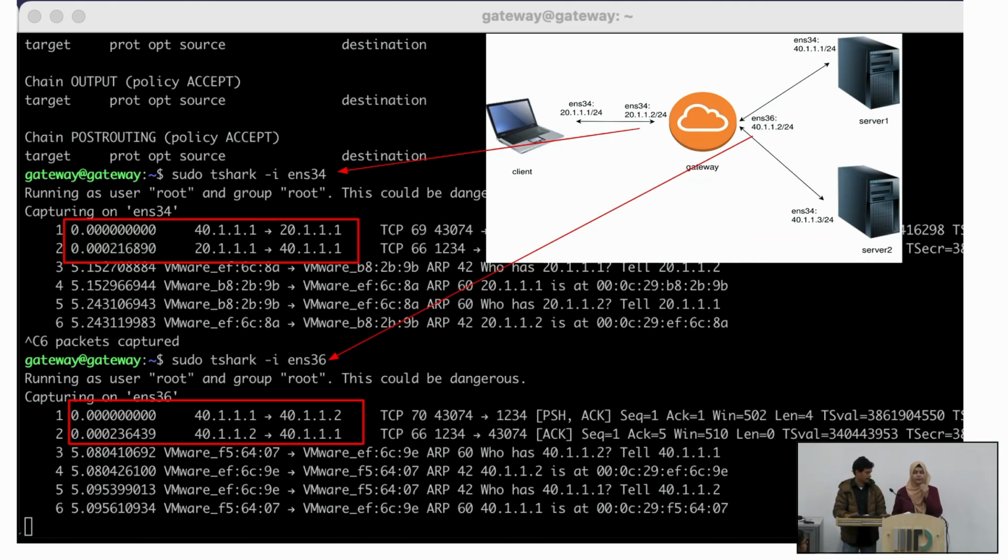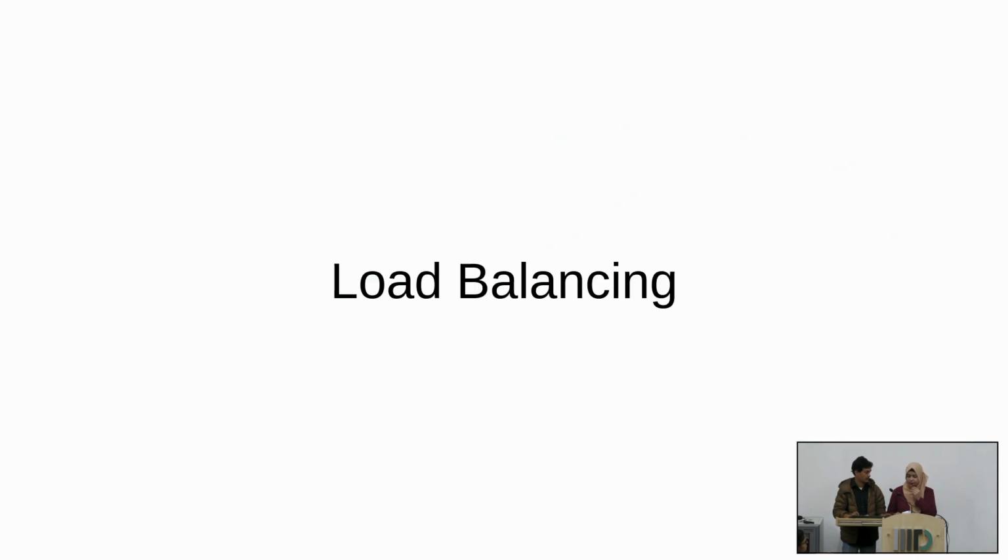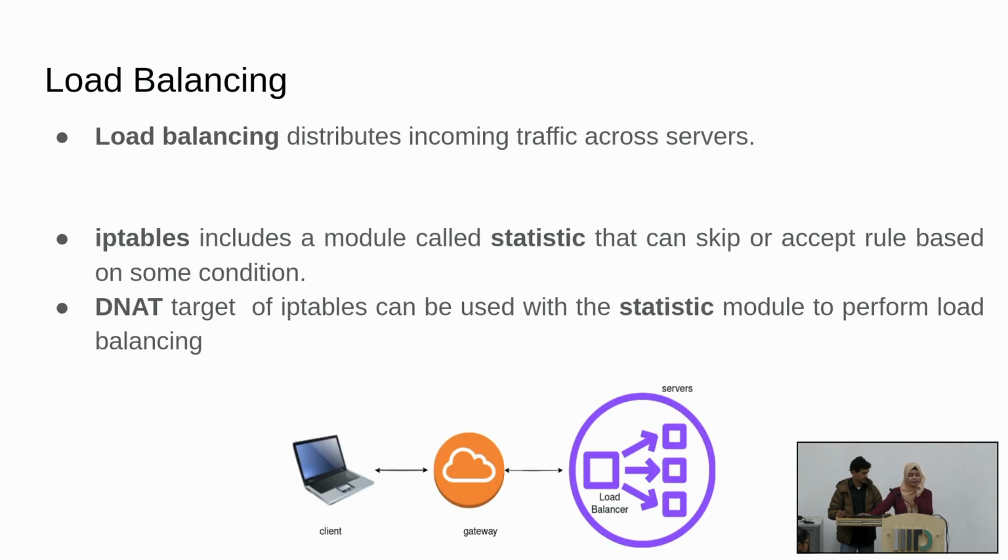Okay, so shall we proceed? The final functionality in the network function that we are going to implement is load balancing. And I think all of you are aware of the general idea behind load balancing. Its main idea is to distribute the incoming traffic across multiple servers. But again, something new will be added here. iptables will be using a new module known as the statistic module.